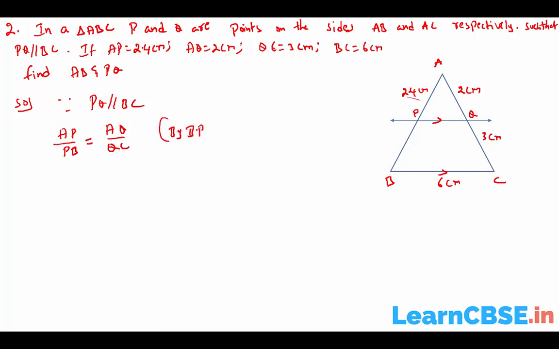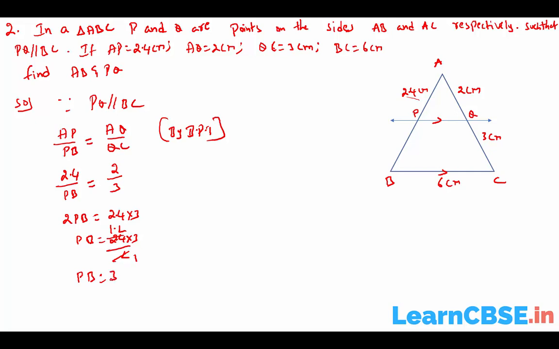Now AP value is 2.4 by PB equals AQ 2 by 3, cross multiplication, 2 into PB equals 2.4 into 3, then PB equals 2.4 into 3 by 2. 2 ones are 2, 1.2, then PB value is 1.2 times 3, which is 3.6 centimeters. Now get the value of AB.